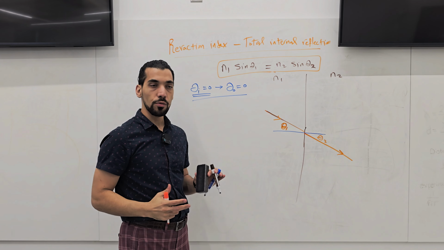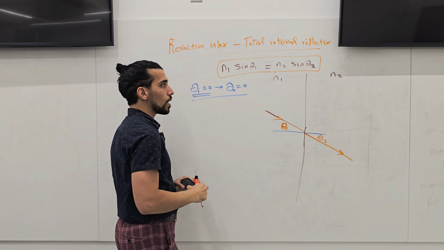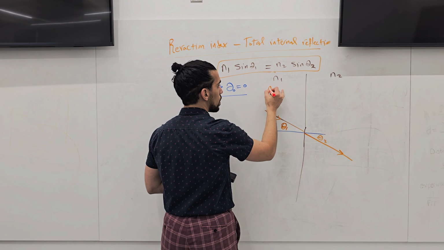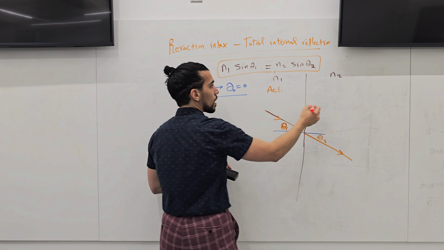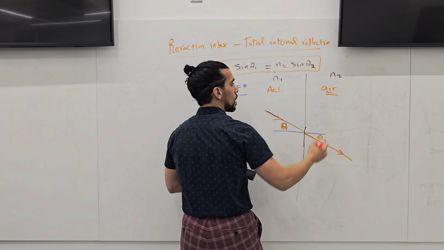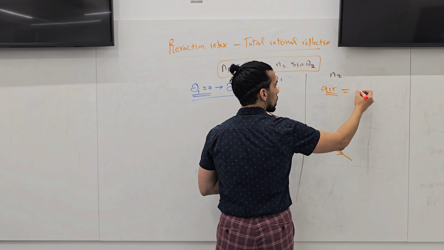In our case, how to do the measurement? Basically, n1 is going to be acrylic, and n2 is going to be air. We know the n of air, n2, is equal to 1.